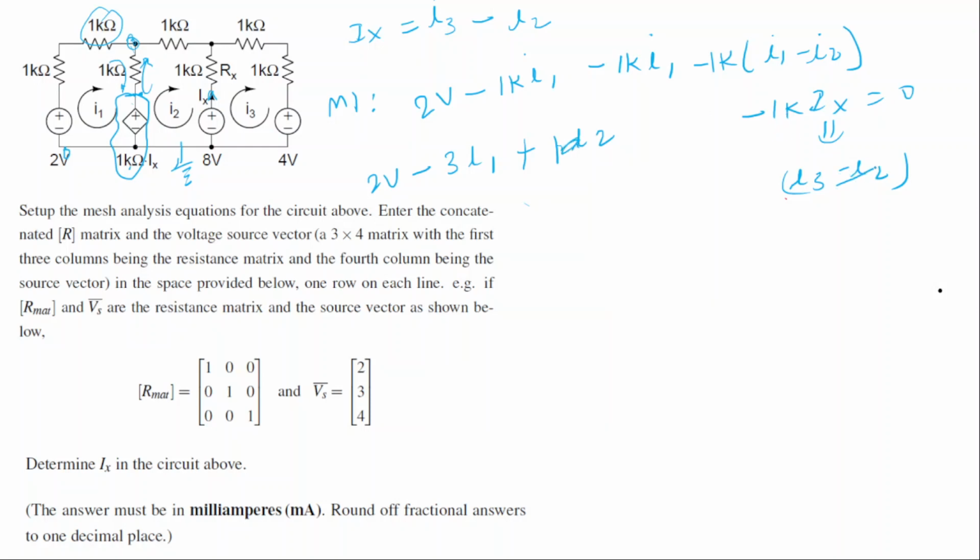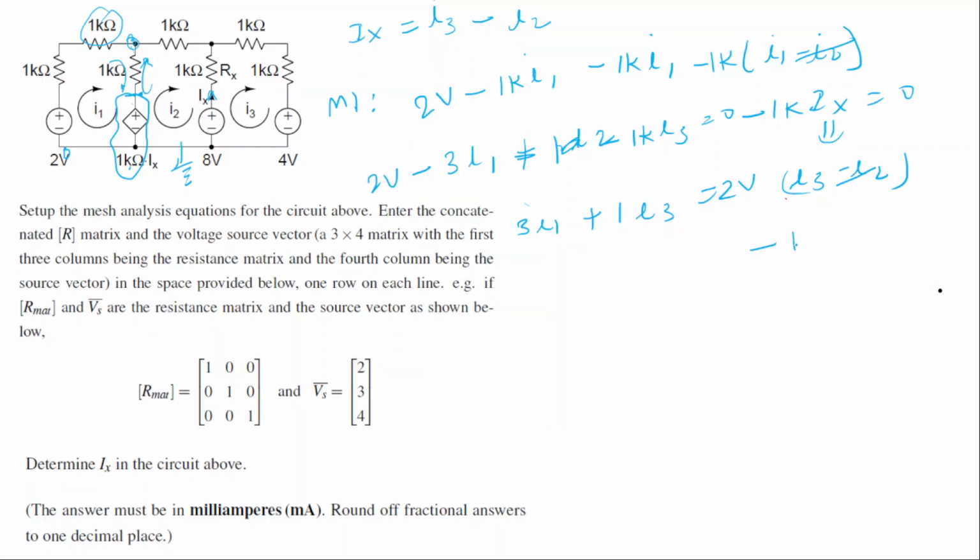This I2 will be cancelled by the other I2, so only the I3 term will remain: minus 1k times I3 equals 0. We can rearrange, so it will be 3 times I1 plus 1 times I3 equals 2 volt. Similarly, we need to write the other equations.